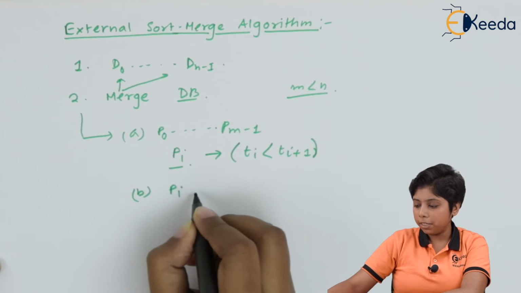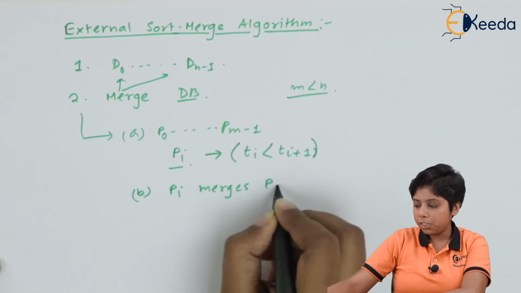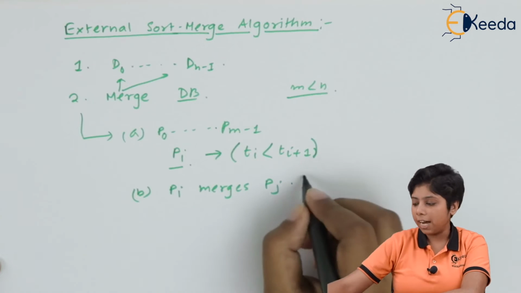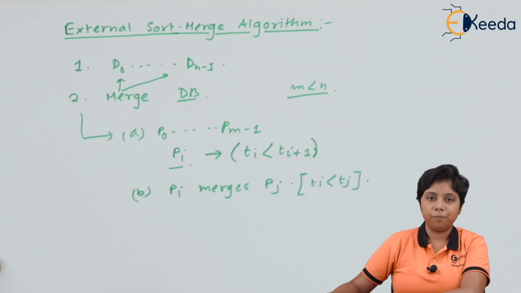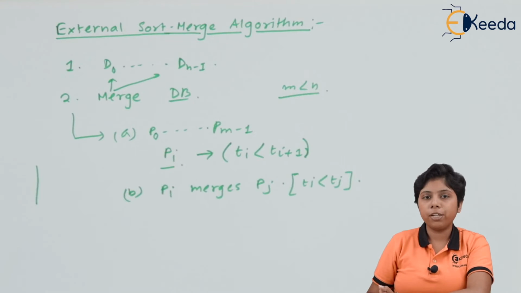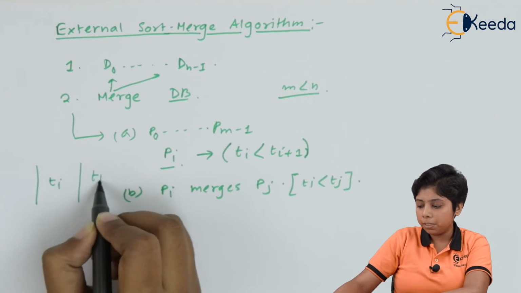So now pi merges with pj based on the condition that all ti must be less than pj. It can do this with the sort-merge algorithm: first we take all the tuples ti and compare them with the tuple tj.